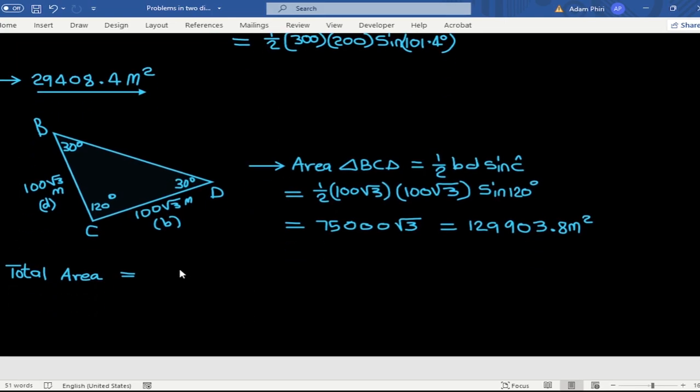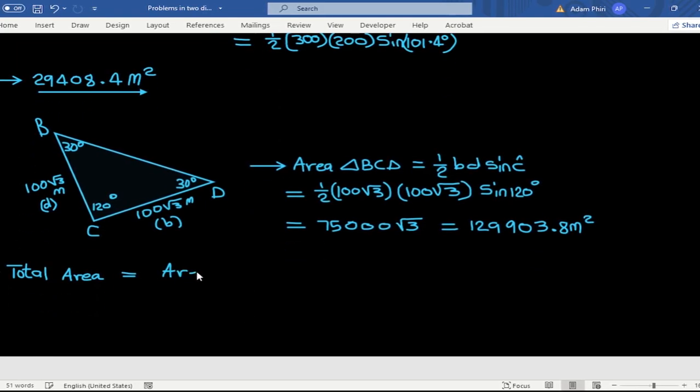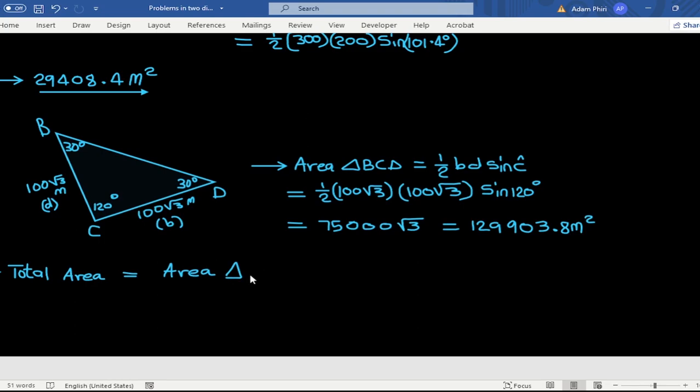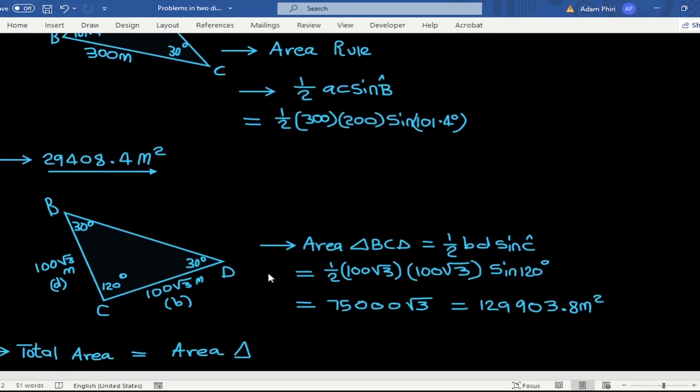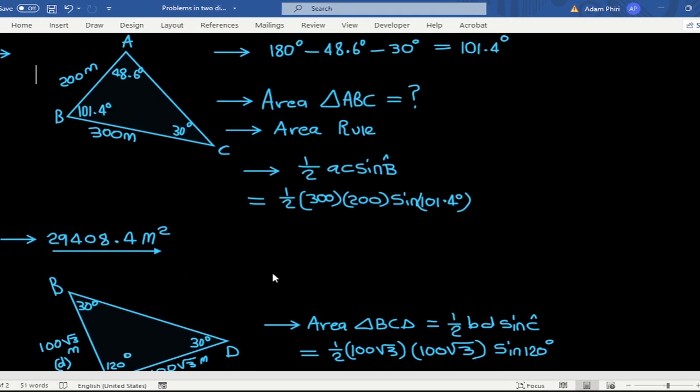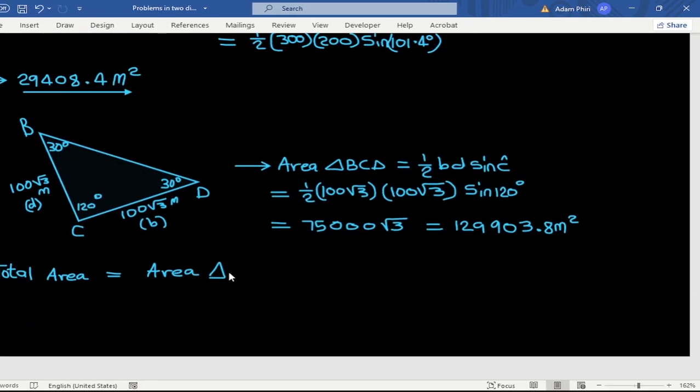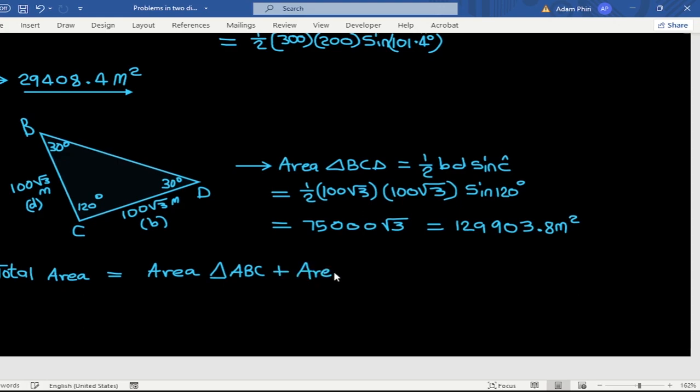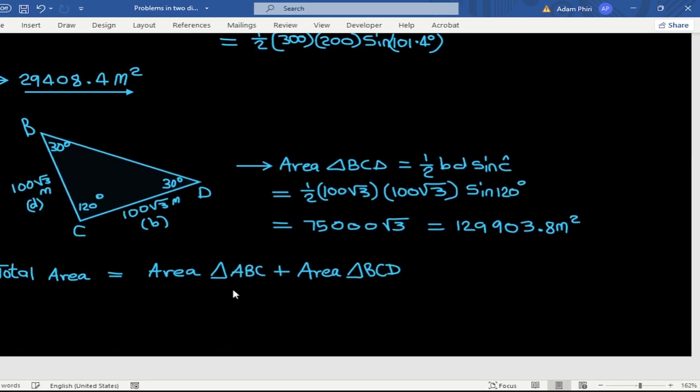Area of triangle ABC plus area of triangle BCD.